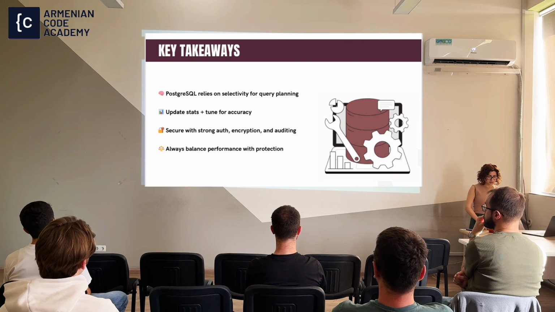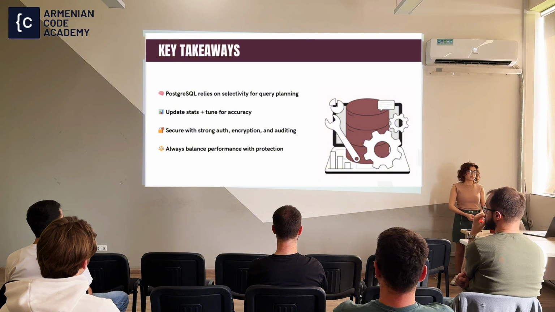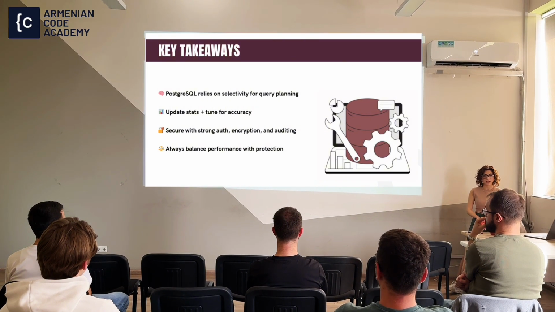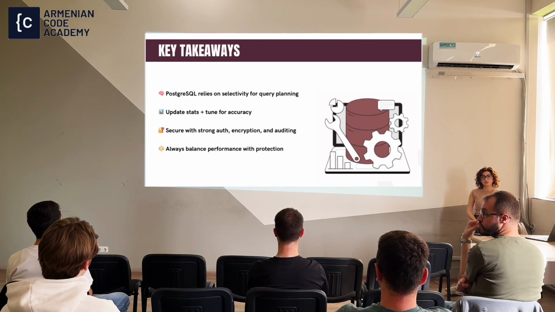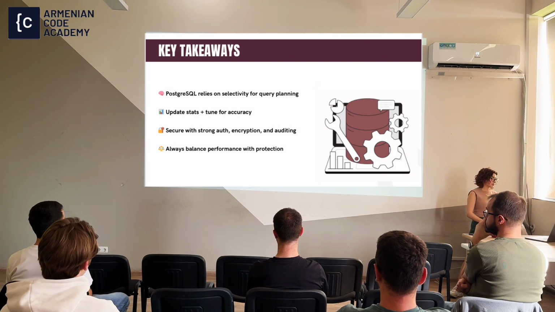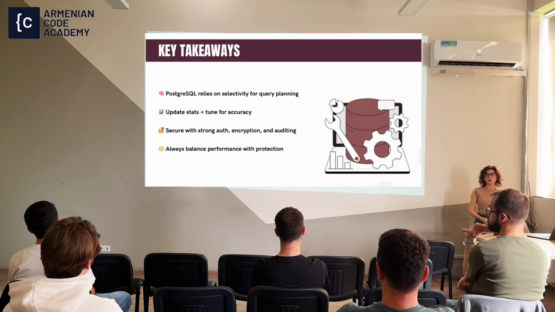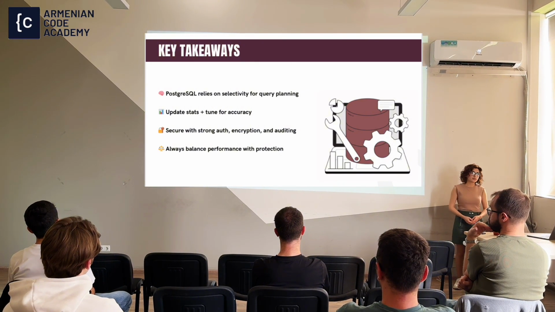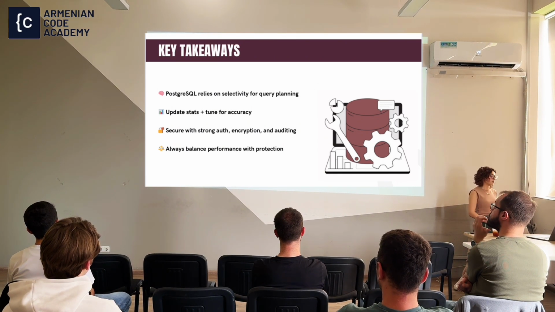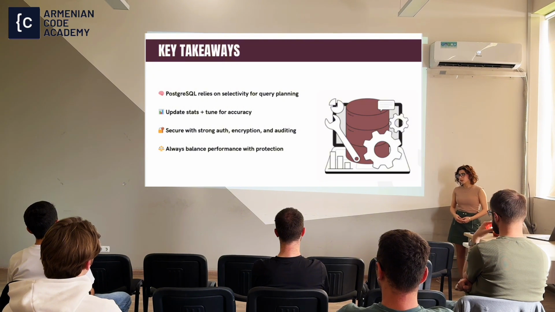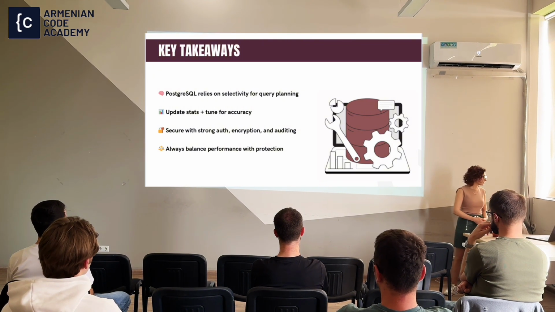So the key takeaway here is to understand that PostgreSQL relies on selectivity estimation for query planning. We need to update the statistics and tune for accuracy, because having outdated statistics that can give us wrong results can really affect query planning in a bad way.